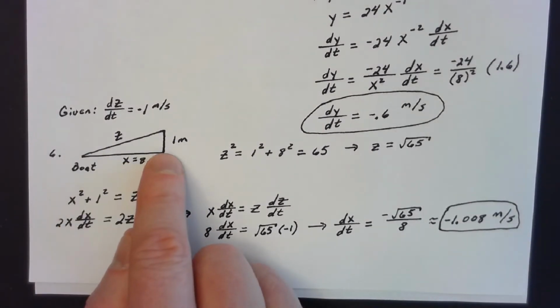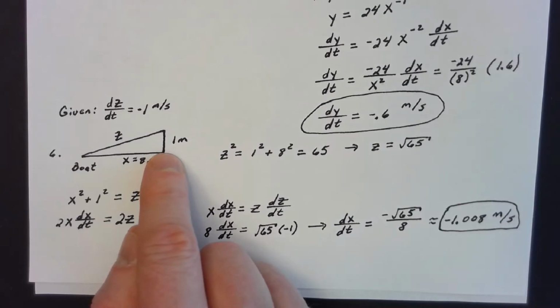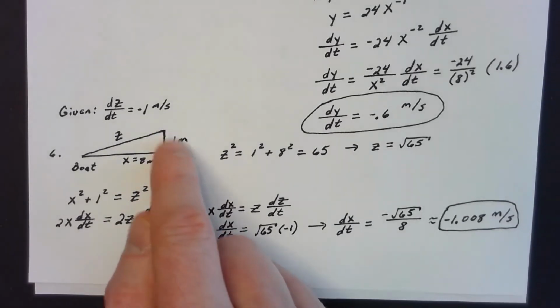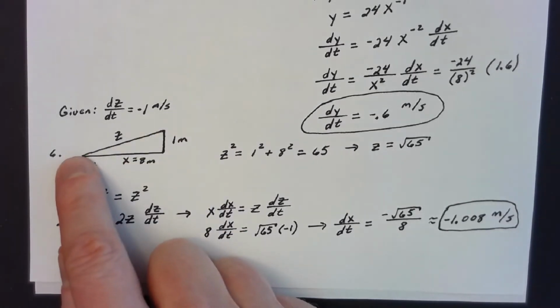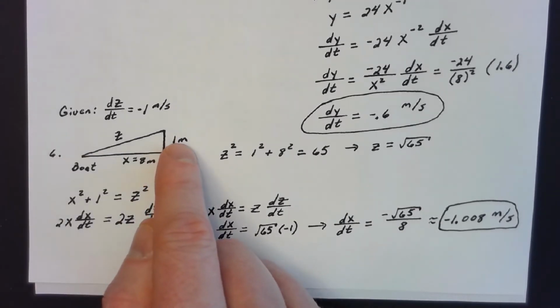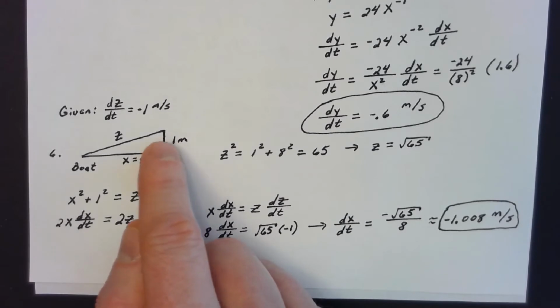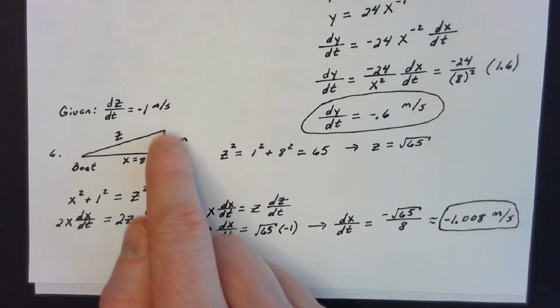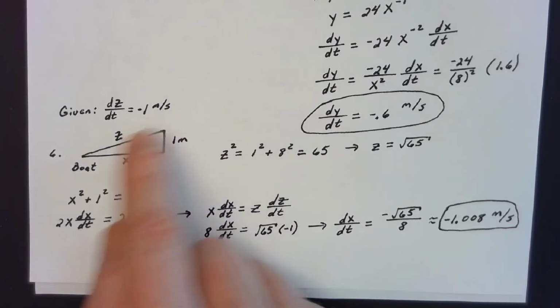It's 8 meters away from a dock, and that dock is located 1 meter above the bow of the boat. So now, anything that varies in this problem, you need to put a variable. Notice I didn't put anything for the vertical here. That 1 meter is just how high the dock is above the boat.